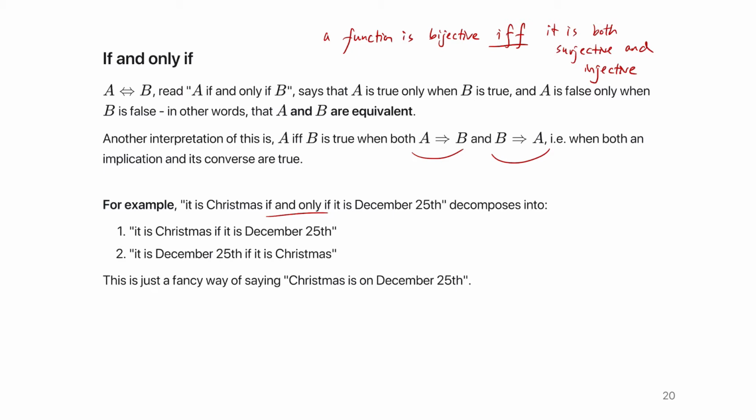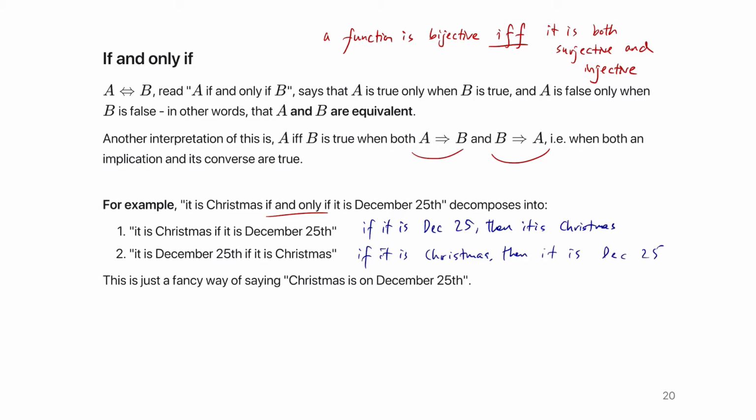Okay, I sort of wrote these in the opposite way that you normally look at it. This one, the if is coming after, but so if it is December 25th, then it is Christmas. If it is Christmas, then it is December 25th.